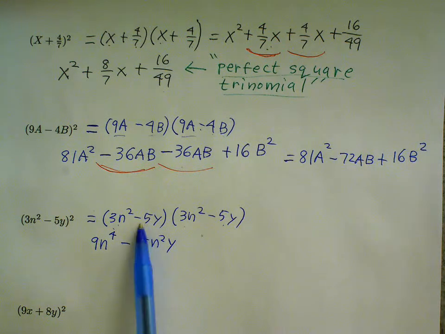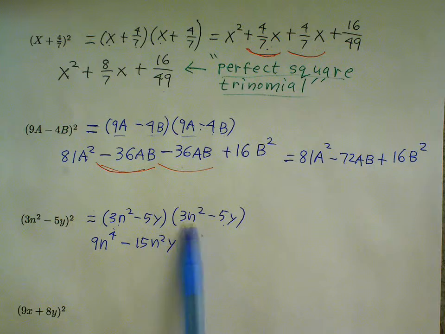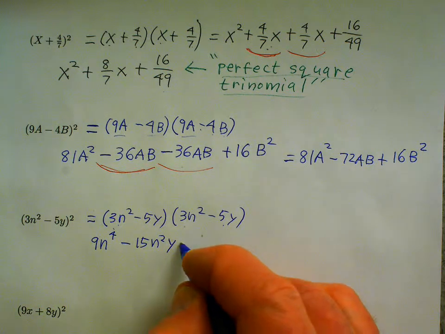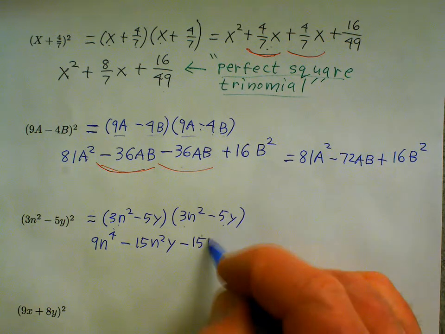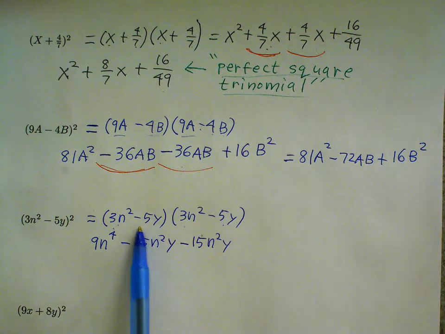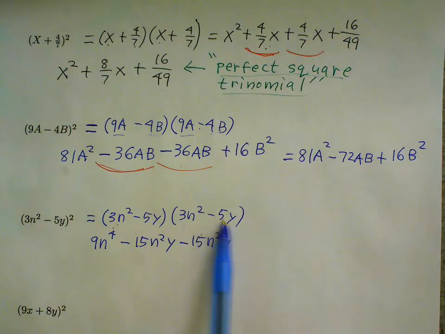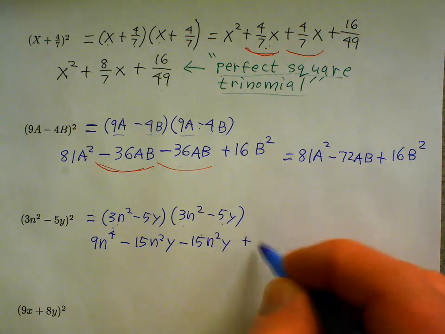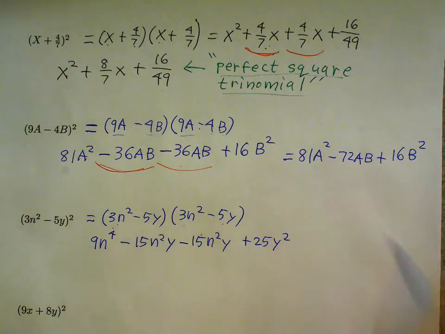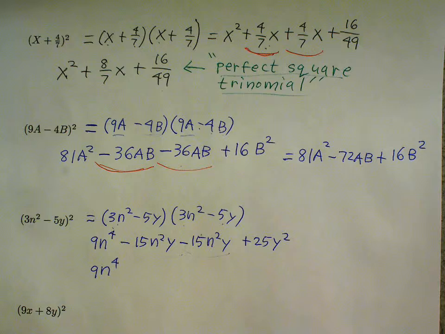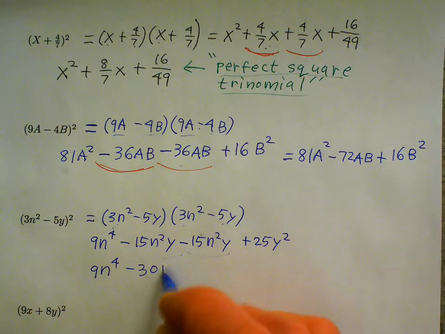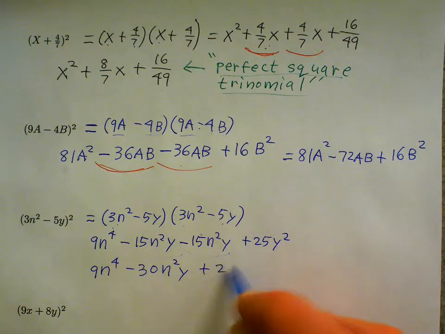Then we shift over, negative 5y times 3n to the second, which we can write as minus 15n to the second y. And finally, negative 5y times negative 5y is positive 25y to the second. The second and third terms are identical, like terms, so we can combine by subtracting. We get 9n to the fourth minus 30n to the second y plus 25y to the second.